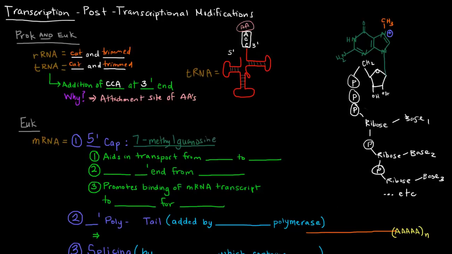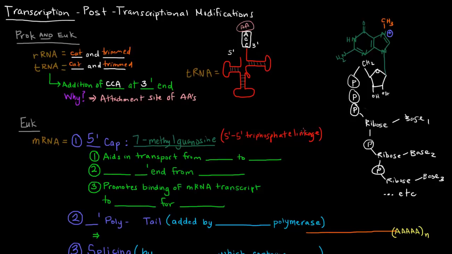And it's attached via a 5' to 5' triphosphate linkage. What does any of that mean? Well, the 5' indicates that if we have a particular strand of mRNA, the 5' end is going to be capped in some way. That cap is a 7-methylguanosine, and it's connected via a 5' to 5' triphosphate linkage.